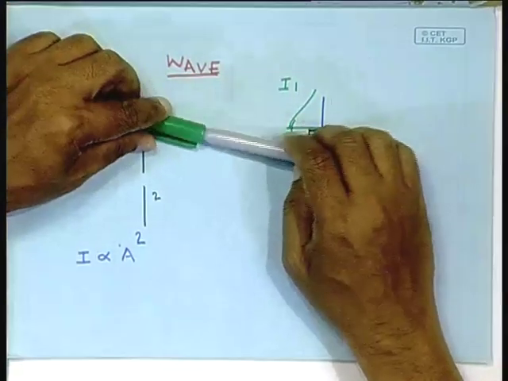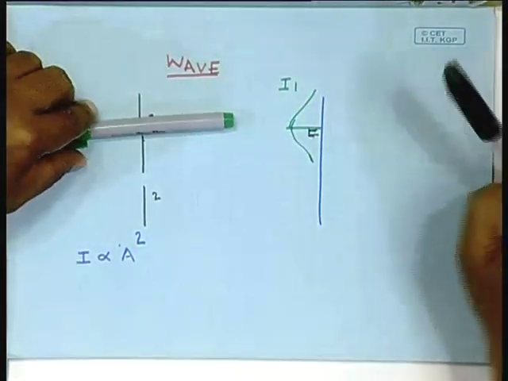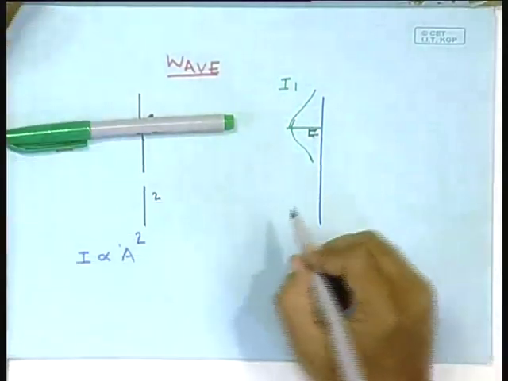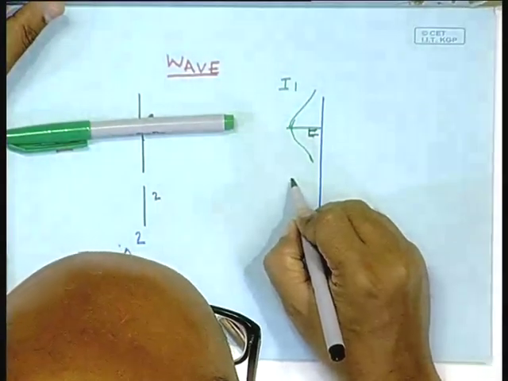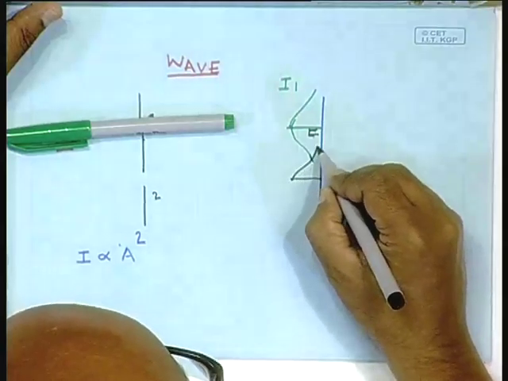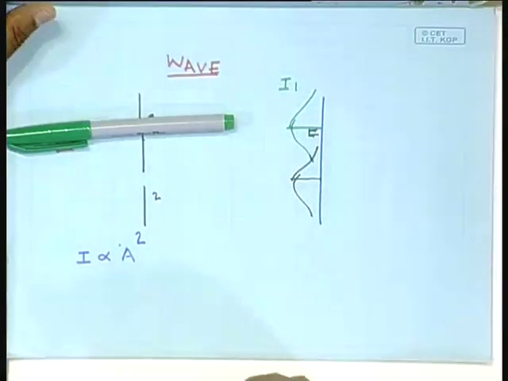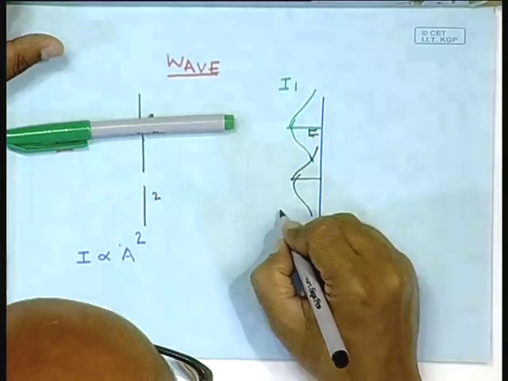So, when slit 2 is open and slit 1 is closed, the intensity pattern is going to be peaked somewhere here and it is going to look exactly the same. It is going to look something like this, and this is going to be I2.